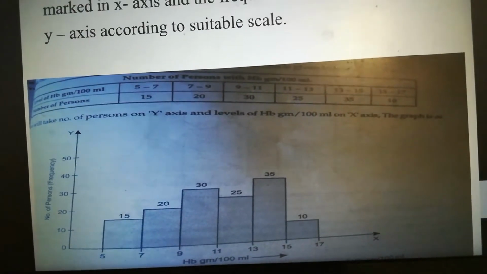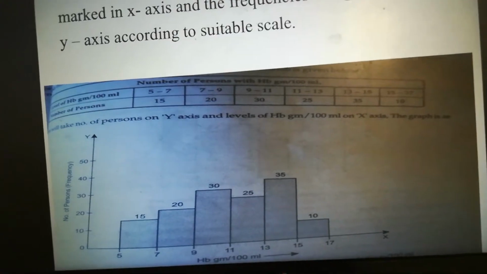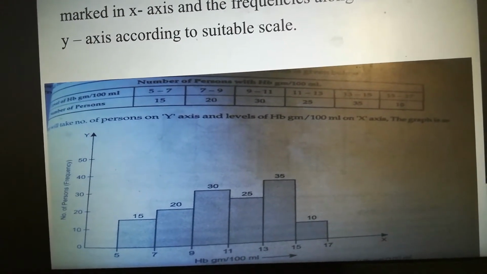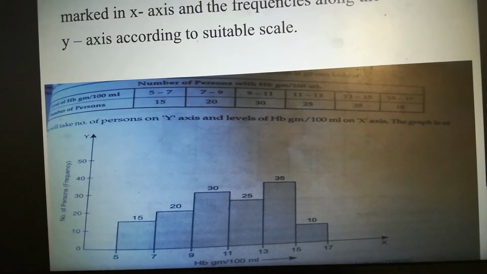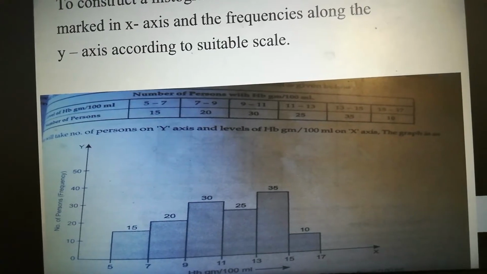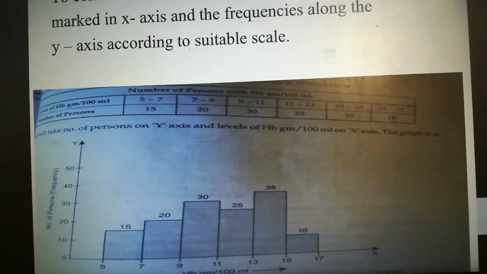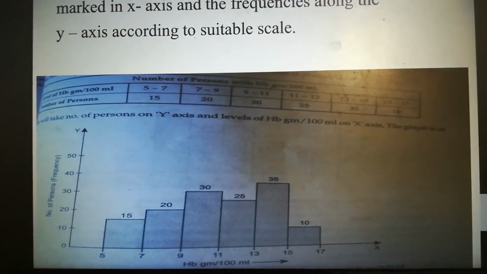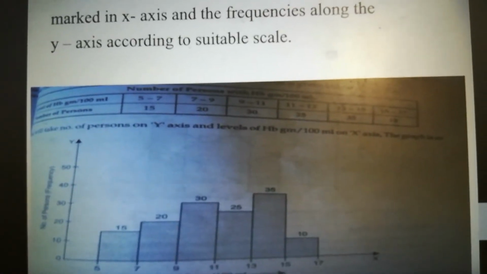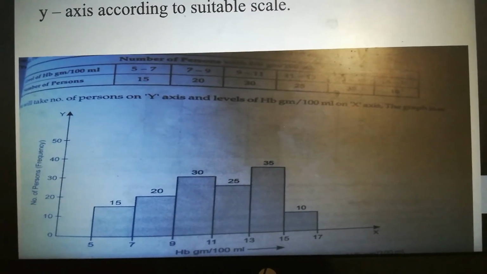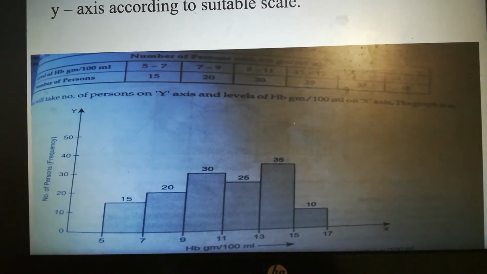Here we could see the histogram representing the prevalence of hemoglobin level. We could see that the x-axis is not starting from 0, but the y-axis mainly starts with 0.